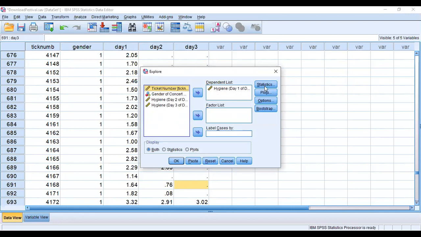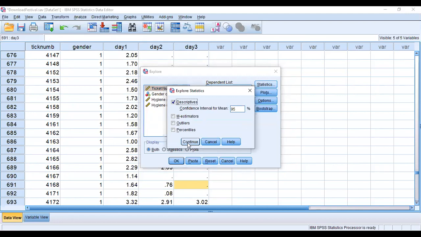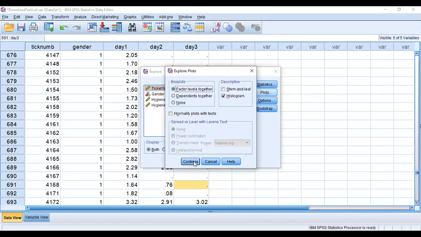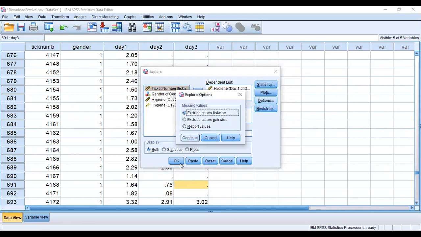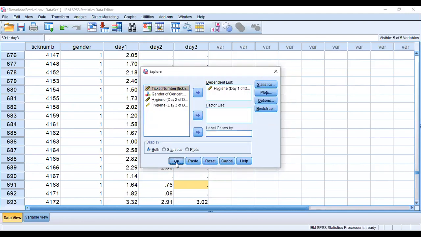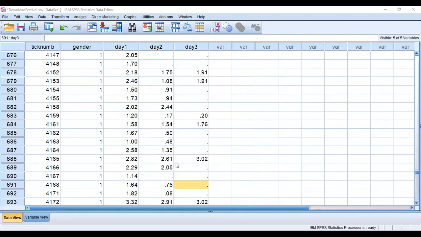Continue, Plots, I need the histogram, and then Options, nothing to do here, and then OK. I will show my result. I am stopping this slide and sharing the output. This is my output.